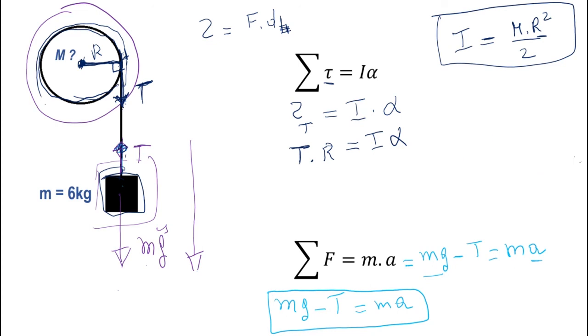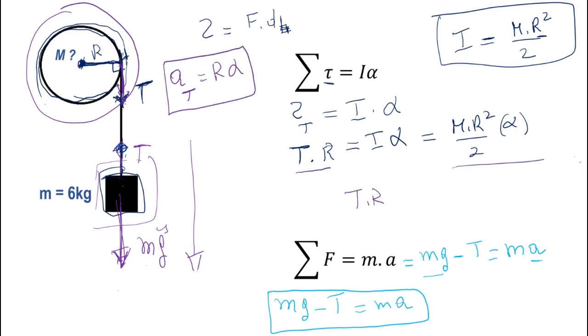We replace the moment of inertia: the mass of the pulley times the radius squared divided by 2, times the angular acceleration. Remember the tangential acceleration a, the acceleration that makes the object go down, is just the radius times the angular acceleration. So T times R equals the mass of the pulley times the square of the radius times angular acceleration divided by 2.